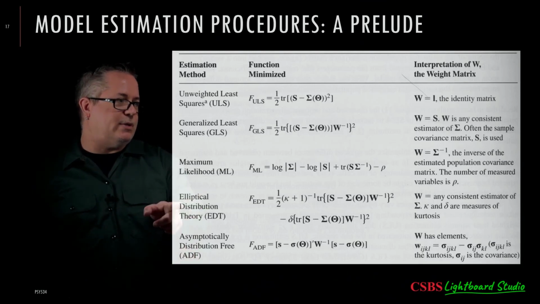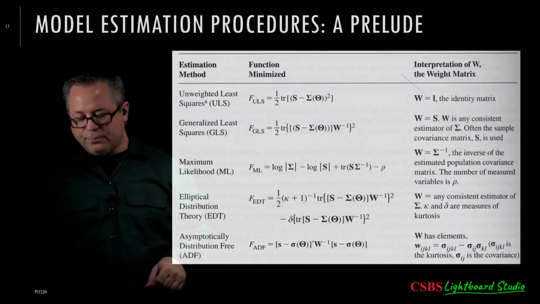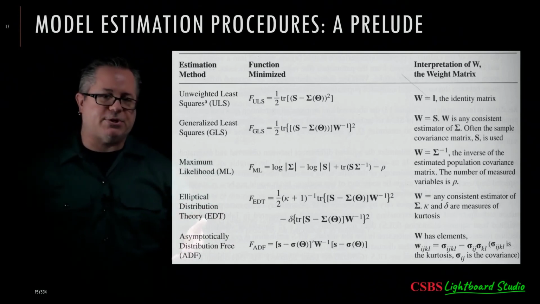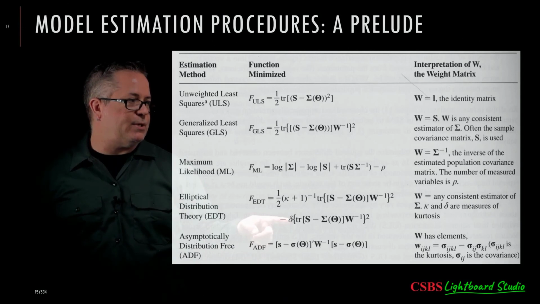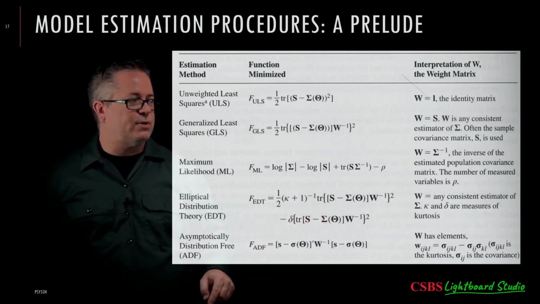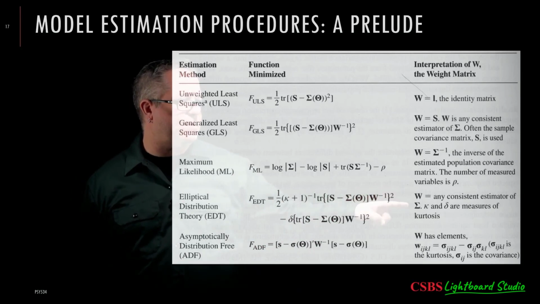These get just nuts trying to even understand what's going on, because they get a lot longer. What these both do, by the way, is deal with things that affect these models, like skewness and kurtosis. It actually estimates skewness and kurtosis, and there are different measures of kurtosis, and tries to adjust for those in both of these different methods. But again, W is any consistent estimator of sigma.